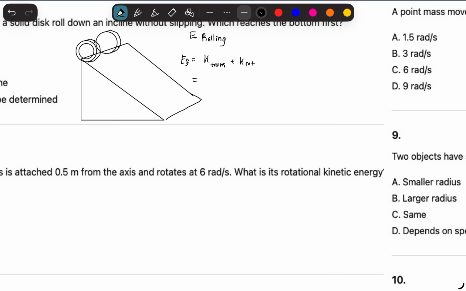So you need to look at your 1/2 mv squared plus your I times 1/2 omega squared. So for the disc and the hoop, for the hoop I is equal to mr squared, and for the disc it's equal to 1/2 mr squared.